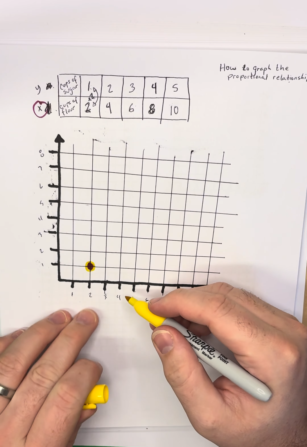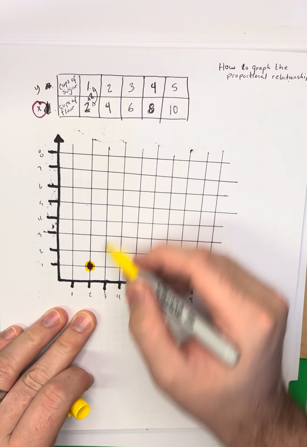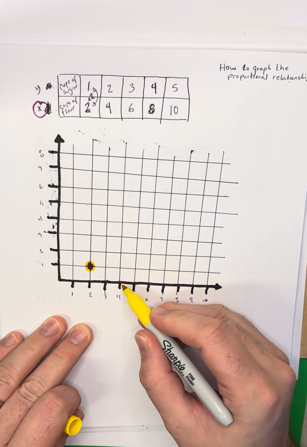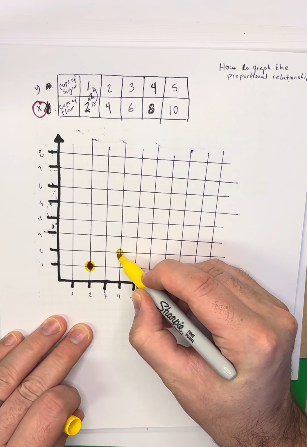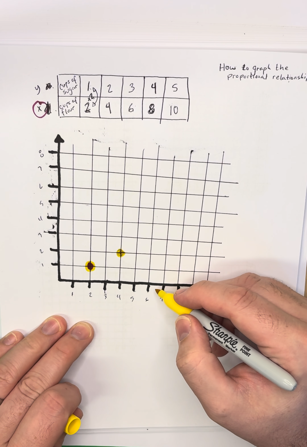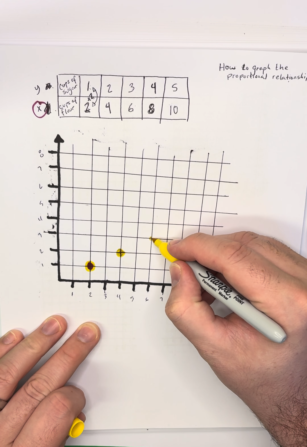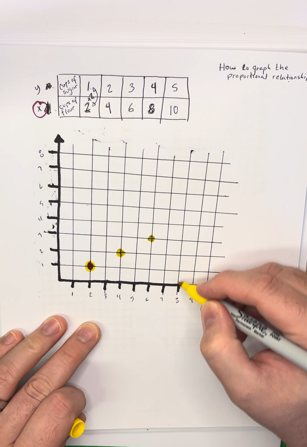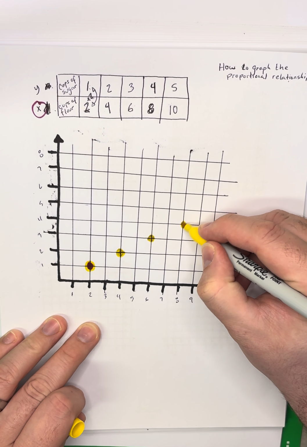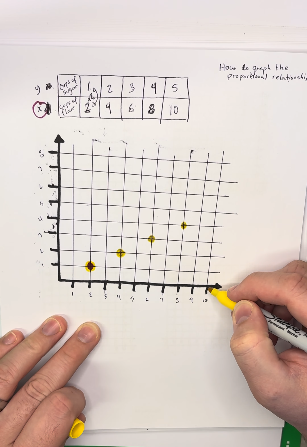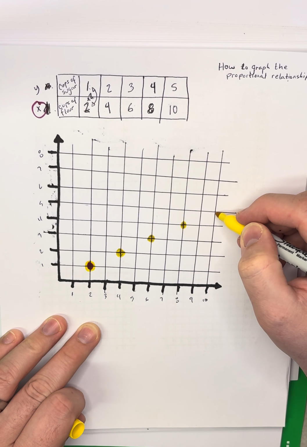A little better. Next point is 4, 2: 1, 2, 3, 4, then 1, 2. Next point is 6, 3. Then 8, 4. And then 10, 5.